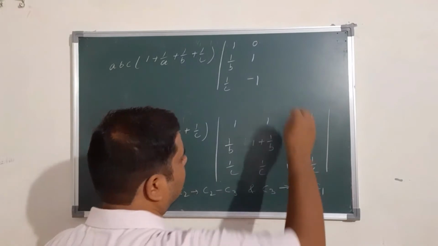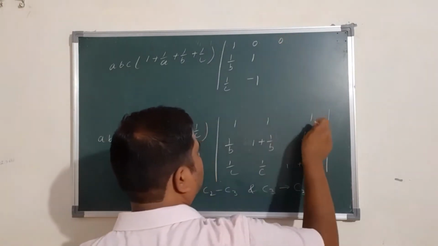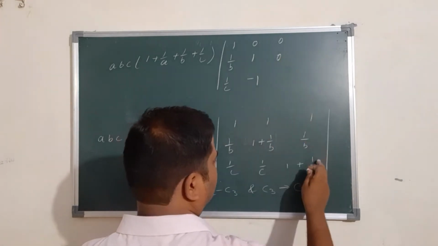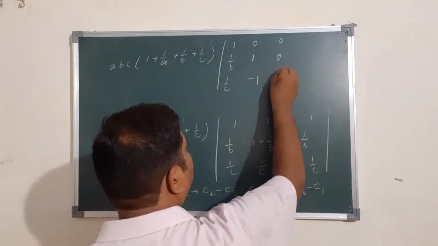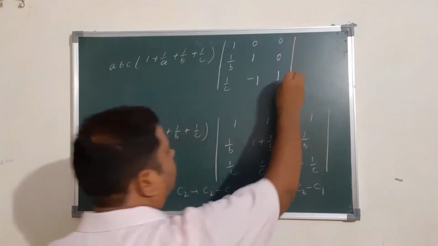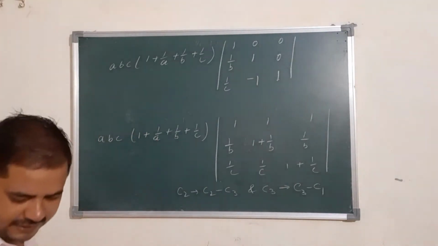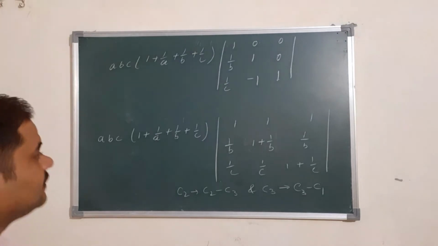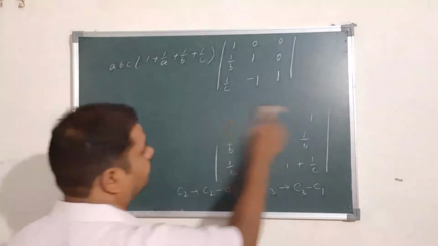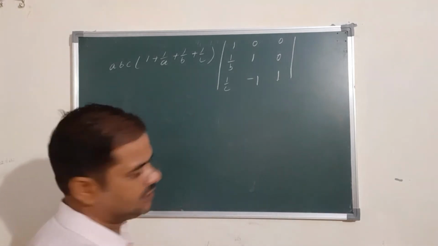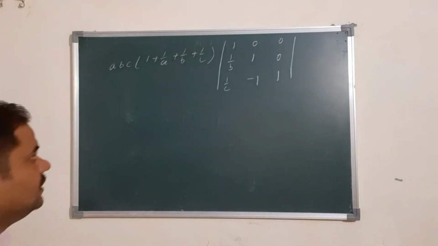And there 0, this minus this 0, this minus this 0, and this minus this 1. Okay, and now expand it, we will get the answer.